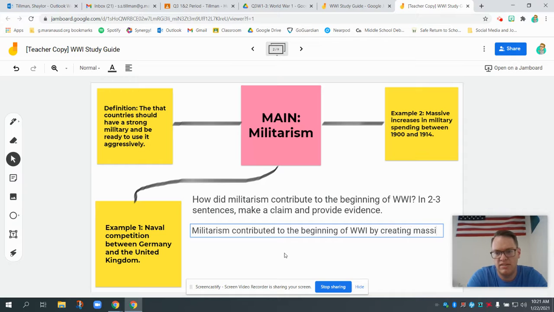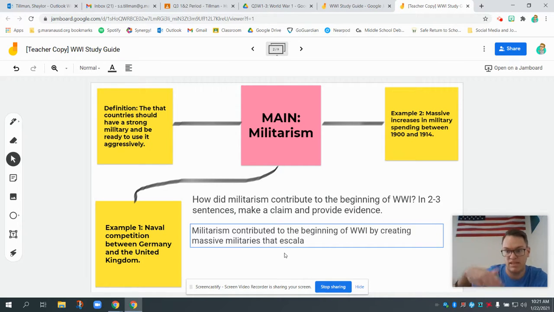creating massive militaries that escalated, means raised up or got bigger, the scale of the conflict.